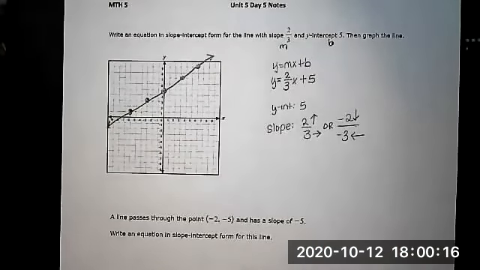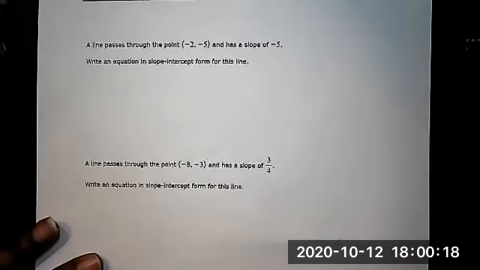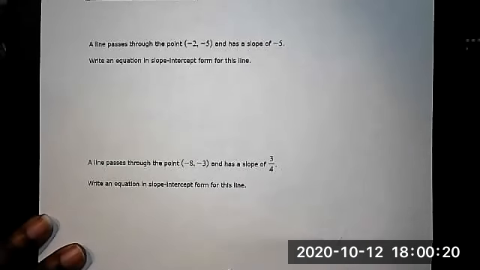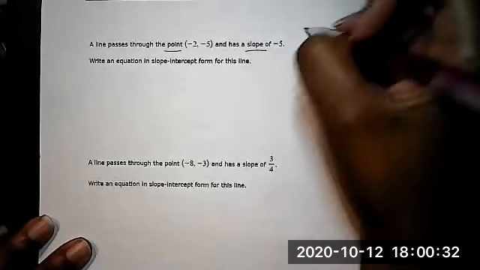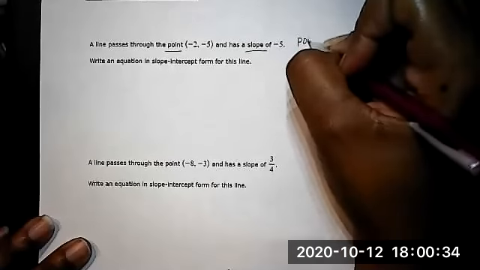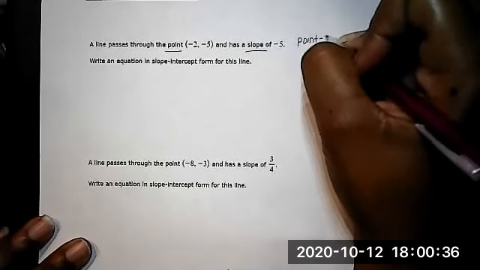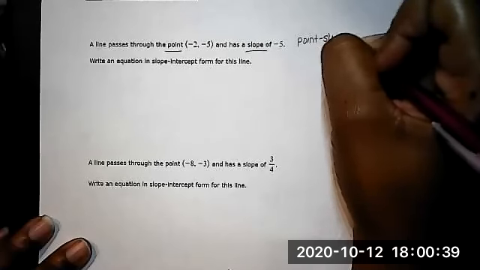Okay. All right, so now last two, a line that passes through the point 2, -5 and has a slope of -5, write the equation in slope-intercept form. So if they give you a point and a slope, they want you to use point-slope formula, okay?